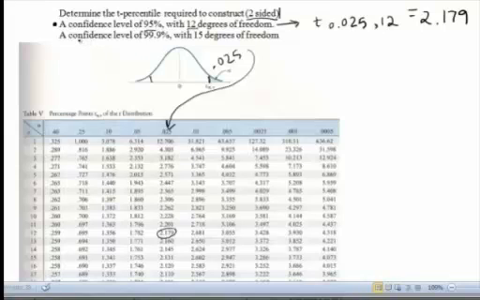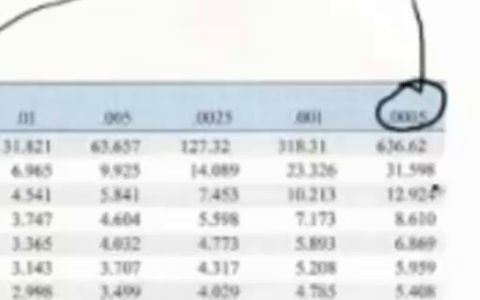Now let's go to the second one, which is a confidence level of 99.9% with 15 degrees of freedom. So 99.9 means that alpha has got to be 0.001, which means alpha over 2 is 0.0005. Well, let's see if we can find that. Aha! It's right down here.